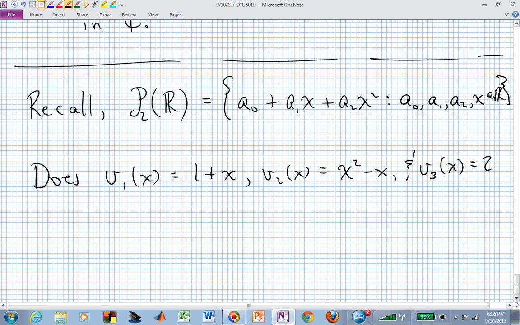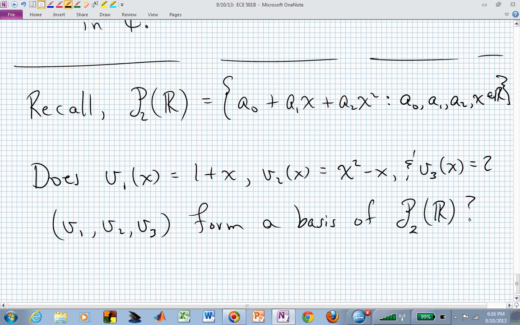Does this list of vectors, v1, v2, and v3, form a basis of this collection of second order polynomials with coefficients belonging to the real line?